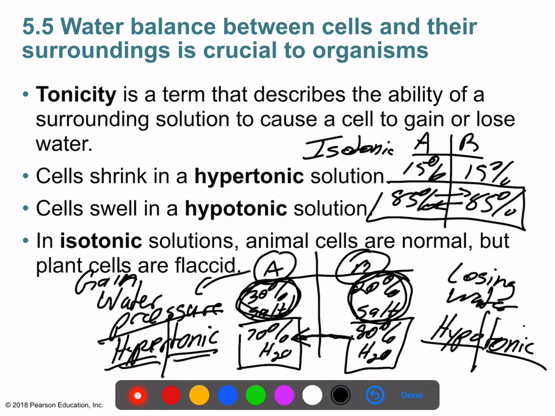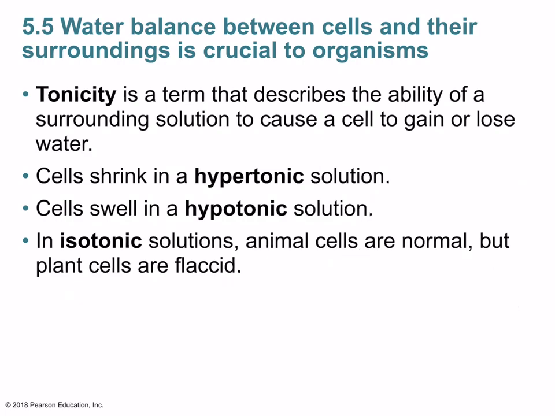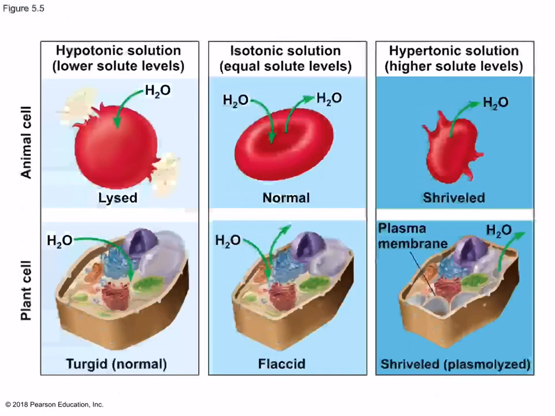All right, so let's now look at why it is that these types of solutions are important to understand. In other words, let's see what kind of effect they tend to have on living cells. Cells will shrink in a hypertonic solution. Cells will swell up or bloat in a hypotonic solution. So let's look at models of that.